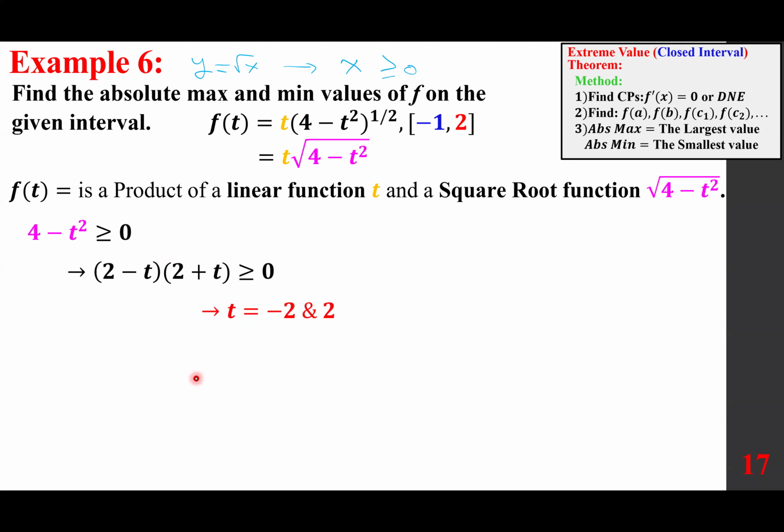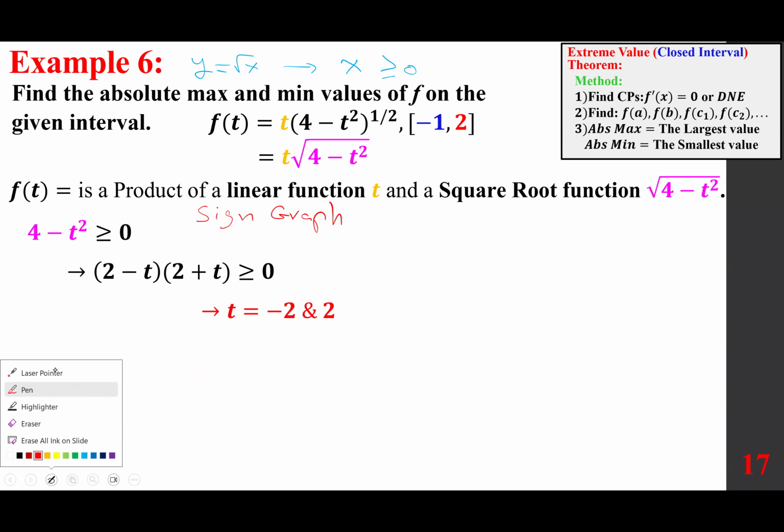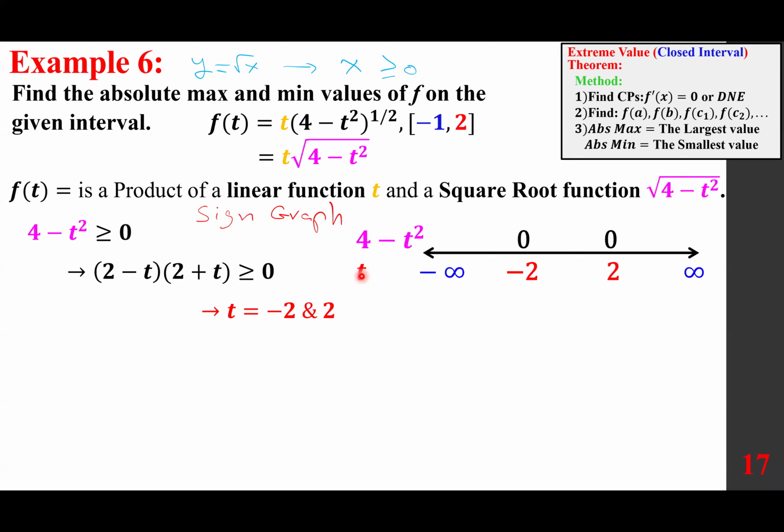Then the sign graph uses a number line from negative to positive infinity. It uses what are called critical points, which means zeros in this case.